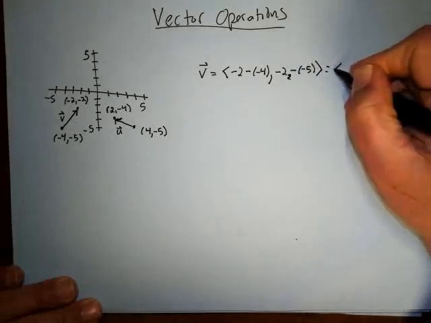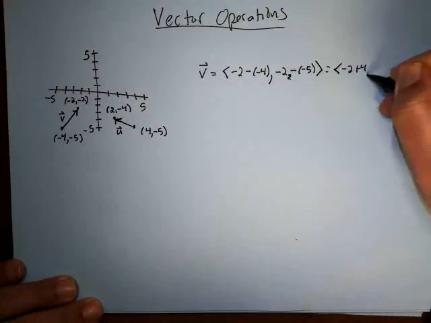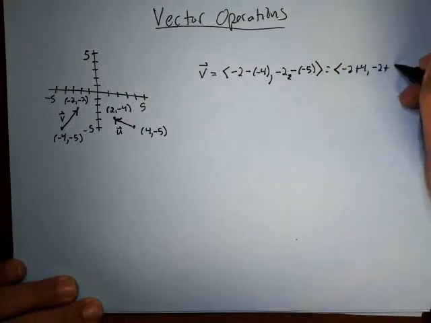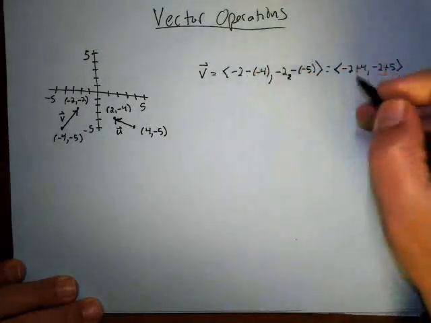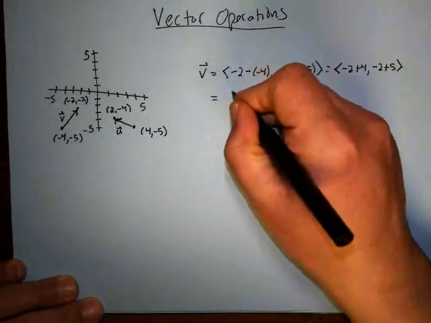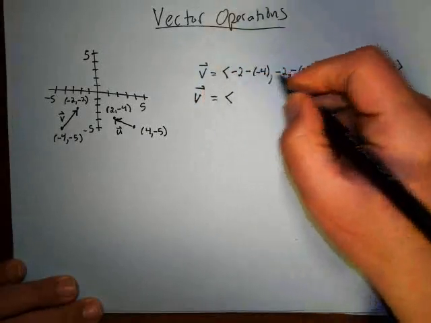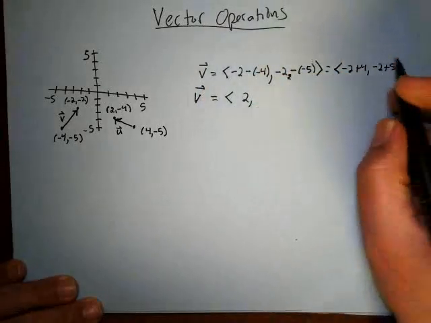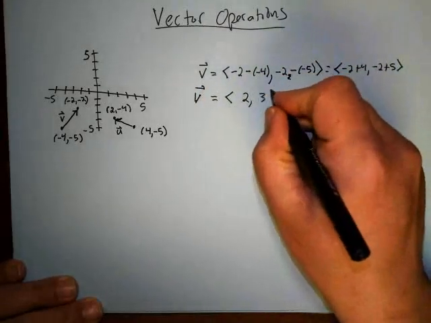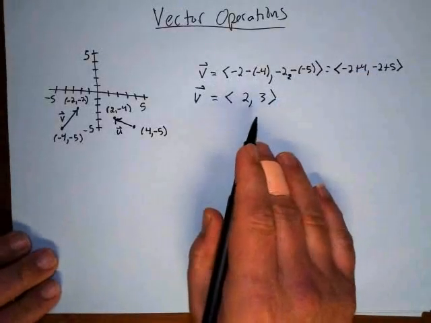So this would be -2 plus 4, -2 plus 5, and so we could write v as equal to ⟨2, 3⟩. I call this the component form.